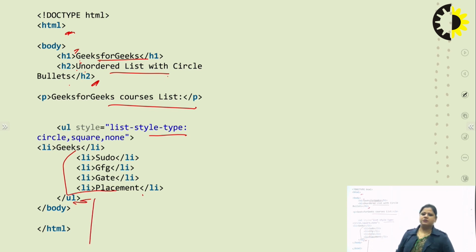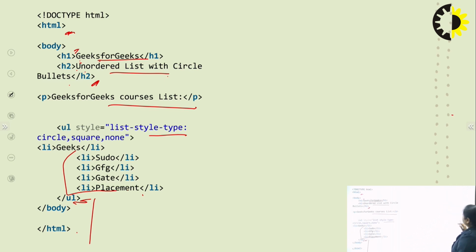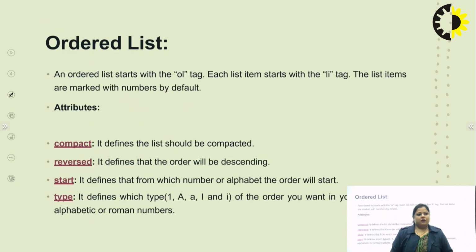This UL shows that this is an example of an unordered list. After that we need to close the body tag and the HTML tag. So this is all about unordered lists.